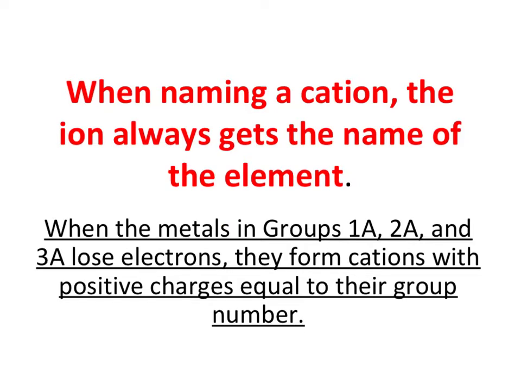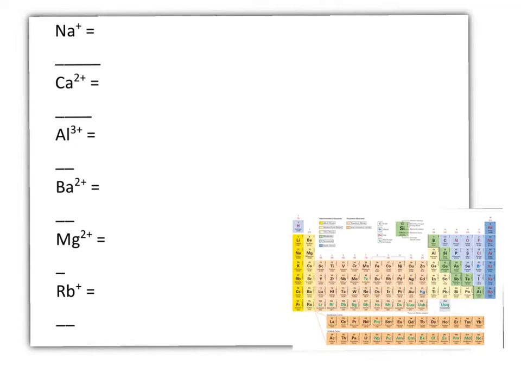When you name a cation, it's the name of the element. And that too was something that we reviewed a little bit when we were talking about ions in the beginning of chapter 7. So when the metals in groups 1A, 2A, and 3A lose electrons, they form cations, and their charge will be equal to their group number.